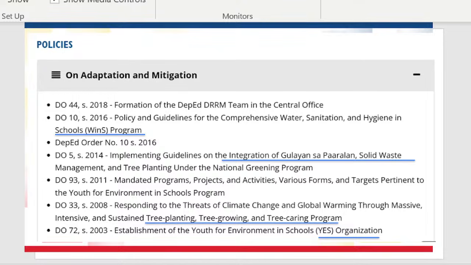There are a lot of DepEd orders and policies related to climate change adaptation and mitigation.